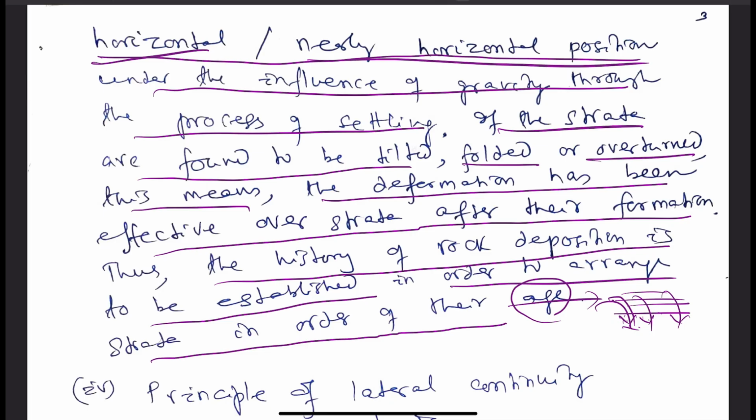If they are not deformed, in that case the older rock always comes at the bottom and the younger rocks always come at the top, and the deposition of sediments always takes place in this horizontal or nearly horizontal fashion through settling of sediments under the influence of gravity.